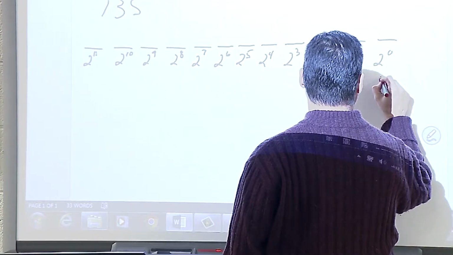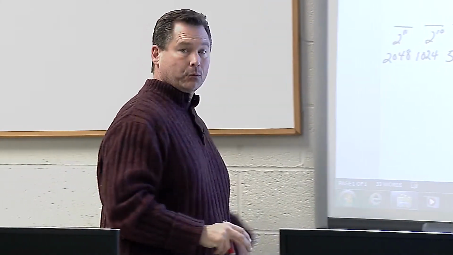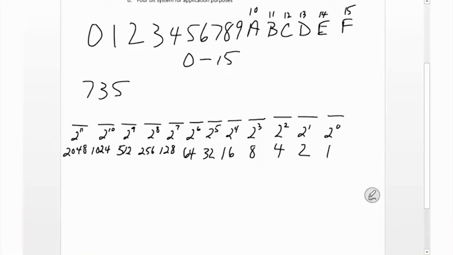Well, 2 to the 0 is 1, 2 to the 1 is 2, this is 4, 8, 16, 32, 64, 128, 256, 512, 1024, and 2048. Now notice again, we're dealing with a binary system here. Everything simply doubles as we go up. Makes it very convenient to work with.